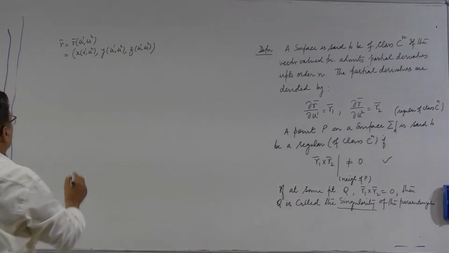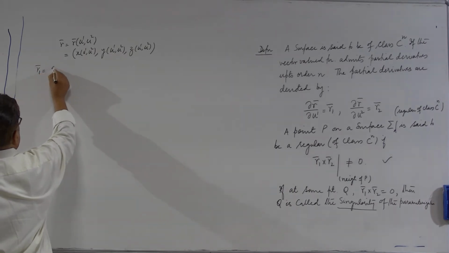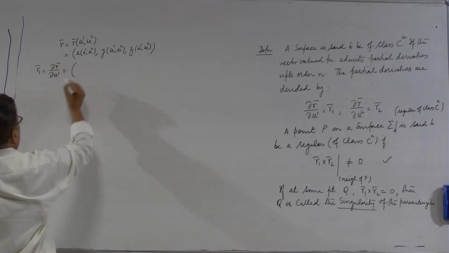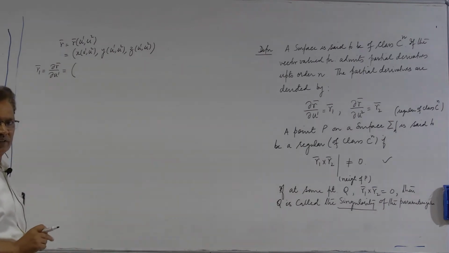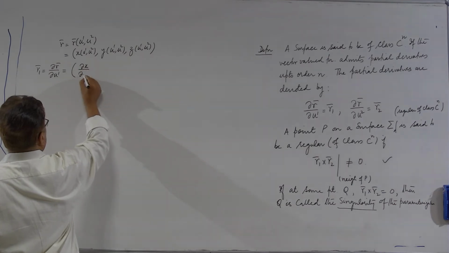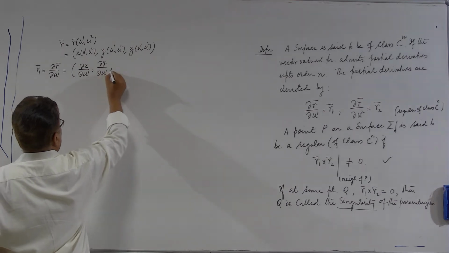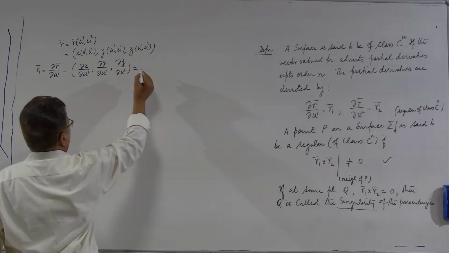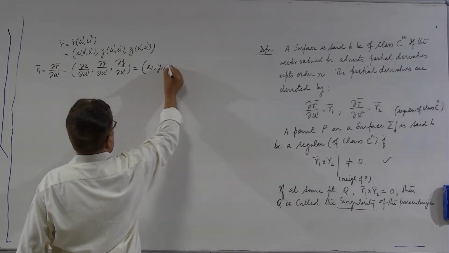Now, if I ask you to compute r1, r1 for this surface will be del r upon del u1 by definition. I will be differentiating the components of the vector with respect to u1. So, this is del x over del u1, del y over del u1, del z over del u1. You can also denote these by x1, y1, z1.